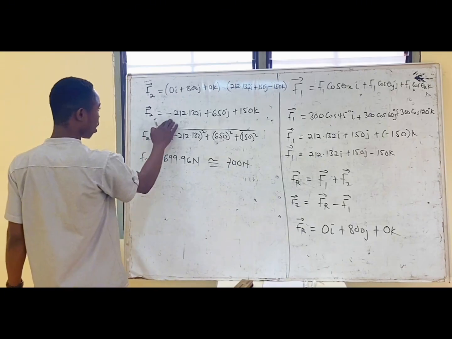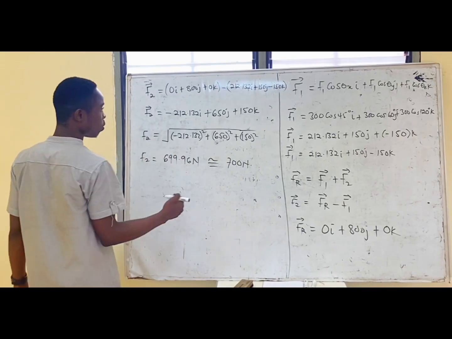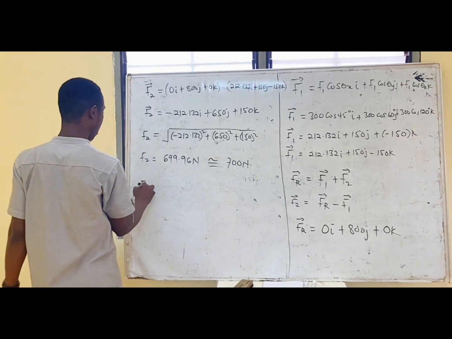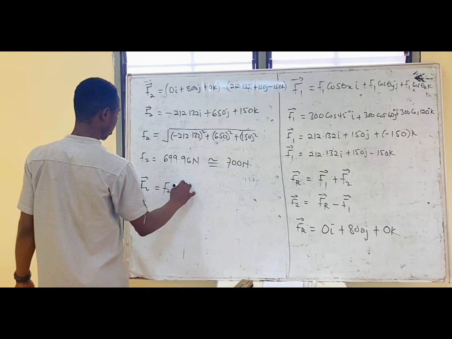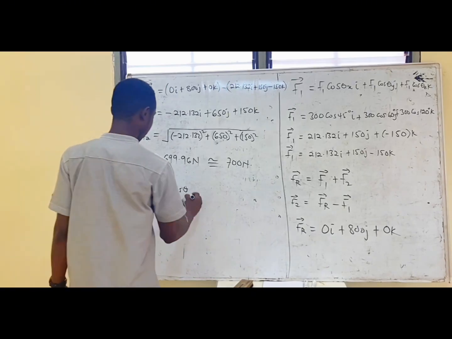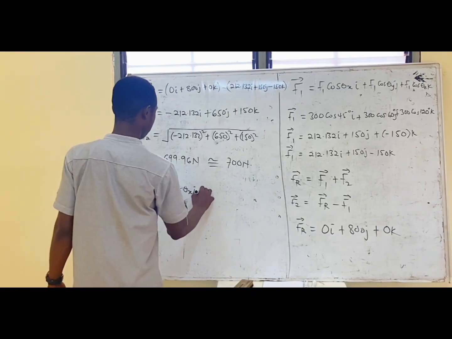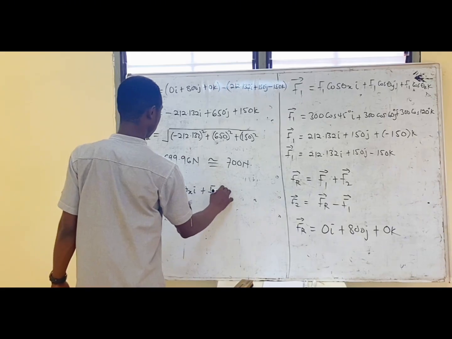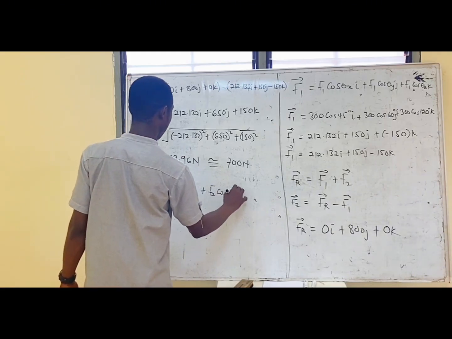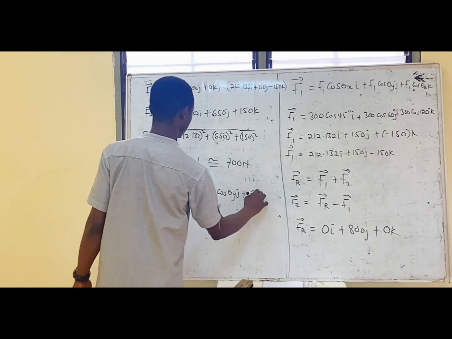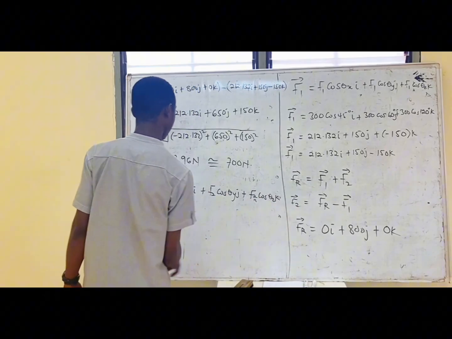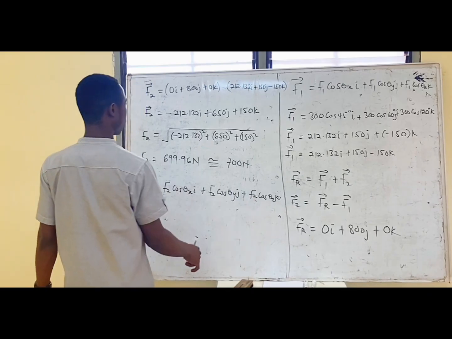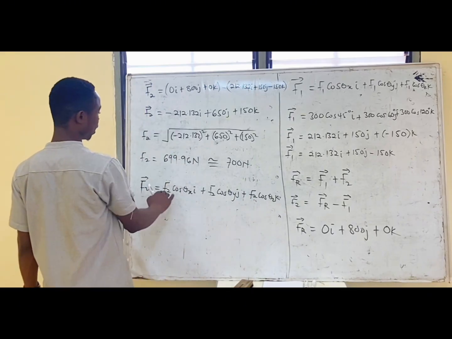The actual formula for F2 without the figures: F2 bar will be equal to F2 cos theta x i plus F2 cos theta y j plus F2 cos theta z k.